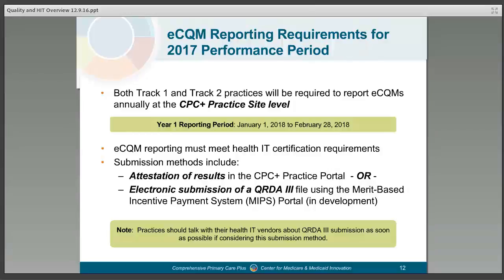And this will be done through the MIPS portal, and more details are forthcoming in terms of how the MIPS portal will be working and how you would submit that data to us. But most vendors are aware of this, and you can talk with them about this method if you decide to go down this route.